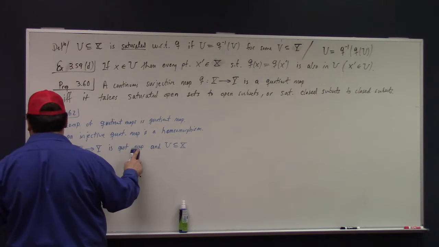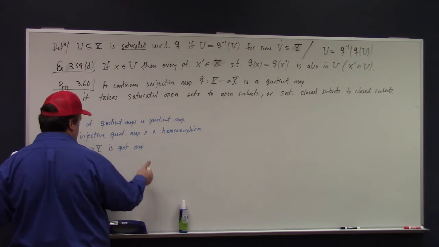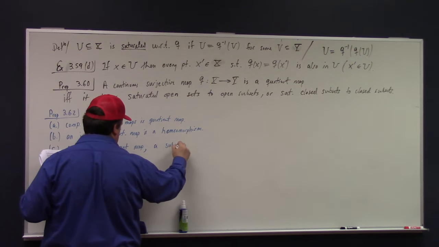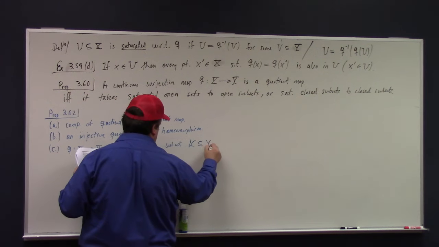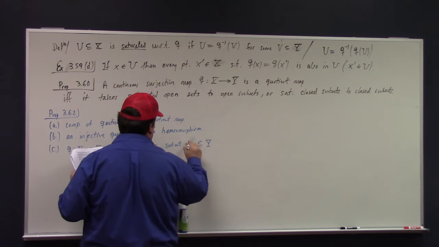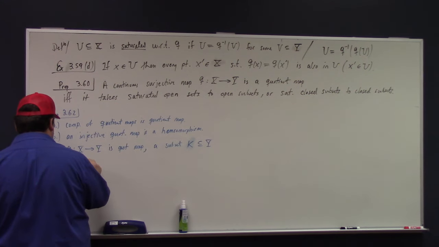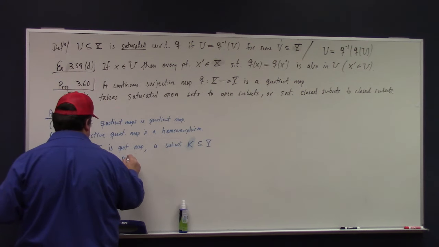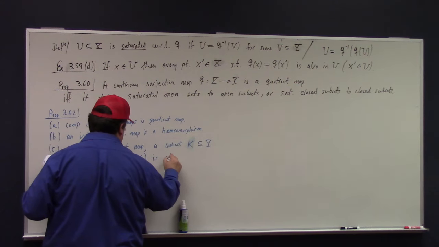Q from X to Y is a quotient map if and only if a subset K of Y is closed if and only if the inverse image of K under Q is closed in X.